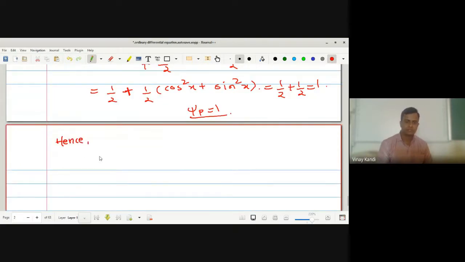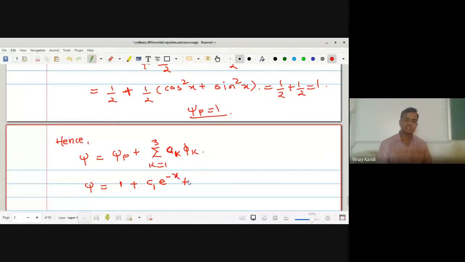Hence, psi is equal to psi p plus summation k is equal to 1 to 3 ck phi k, that is c1 e raised to minus x plus c2 cos x plus c3 sin x. So this is the required solution.